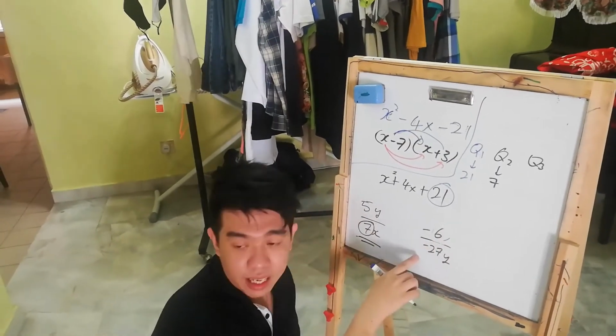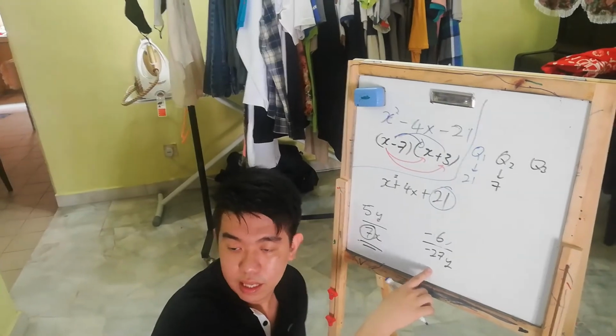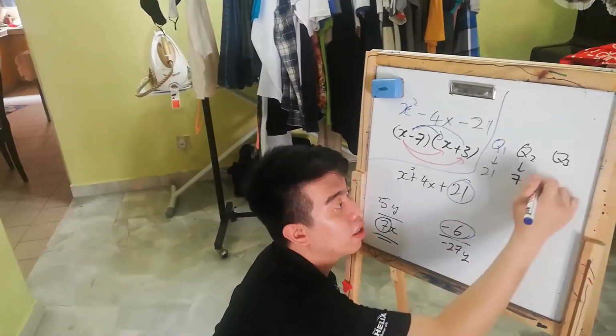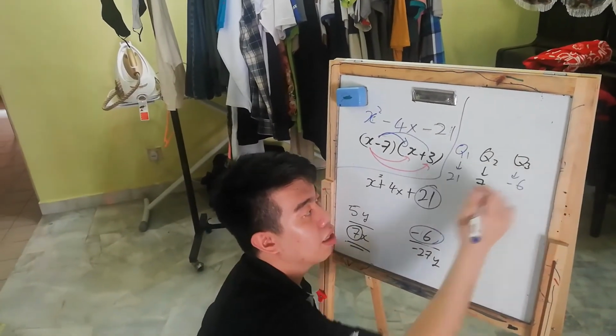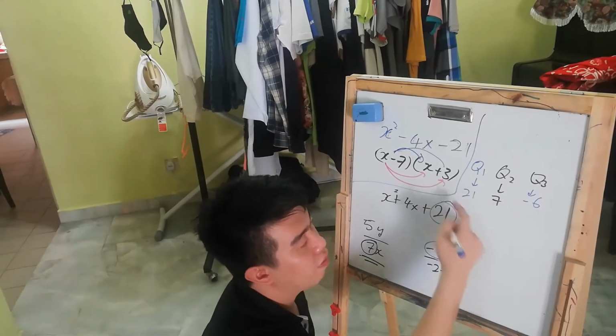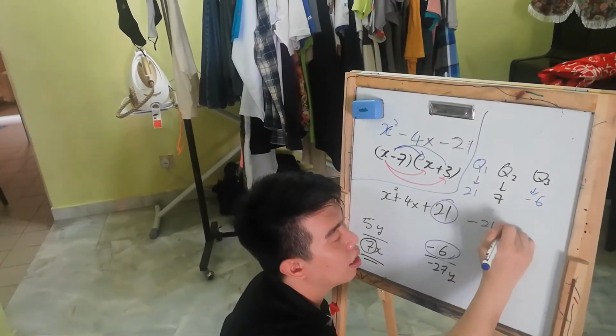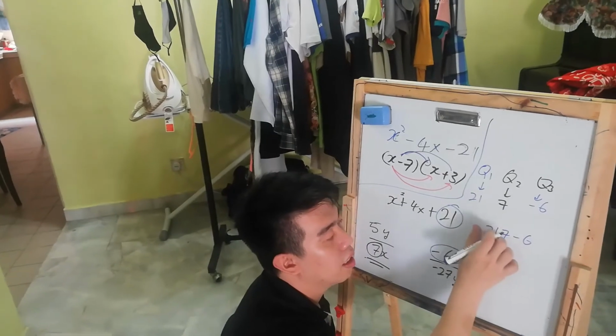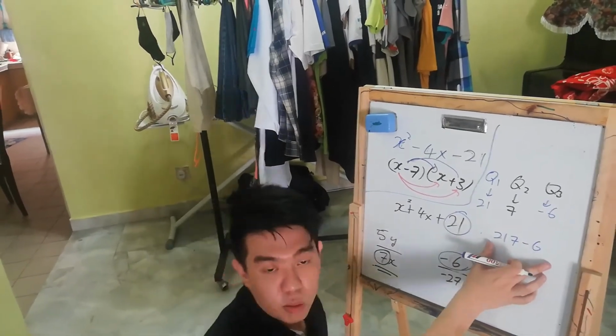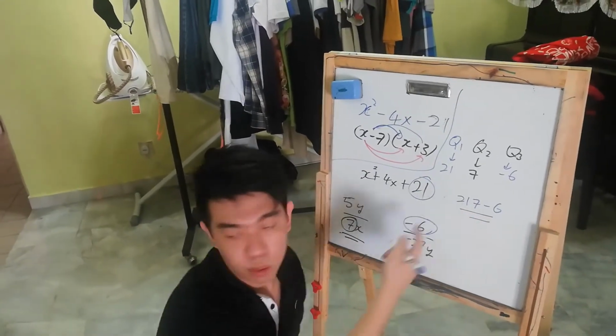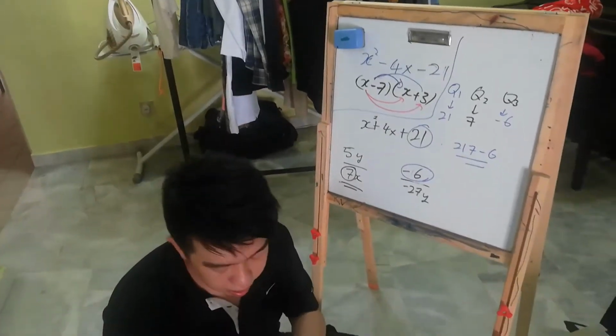Negative 6 and negative 27, which one is higher? Negative 6. So question 3 is negative 6. You combine it together, you get negative 21, 7, minus 6. This is your passcode, the password for it. You get it?